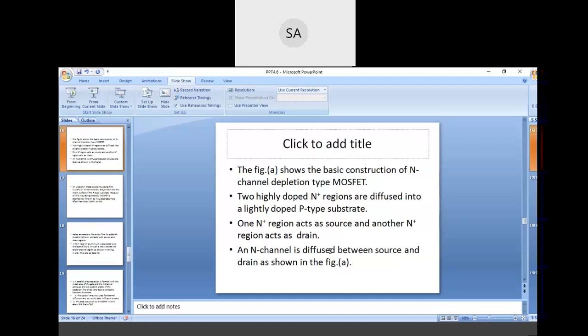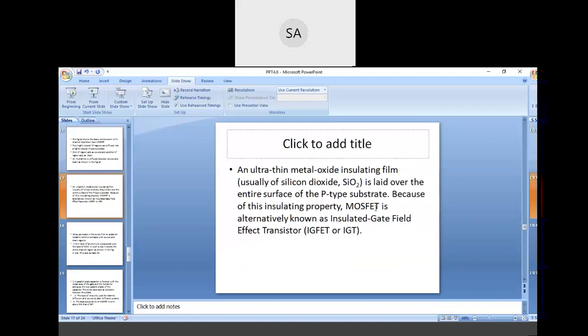An N-channel is diffused between the source and drain. Two highly doped N-type regions are diffused into the lightly doped P-type substrate. So source and drain are the highly doped regions, whereas the P-type substrate is the lightly doped region. The SiO2 layer acts as an insulator, laid over the entire surface of the P-type substrate.